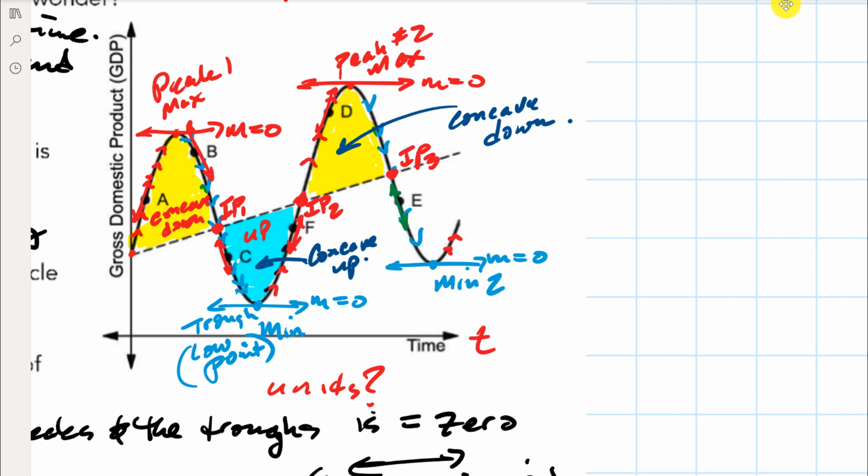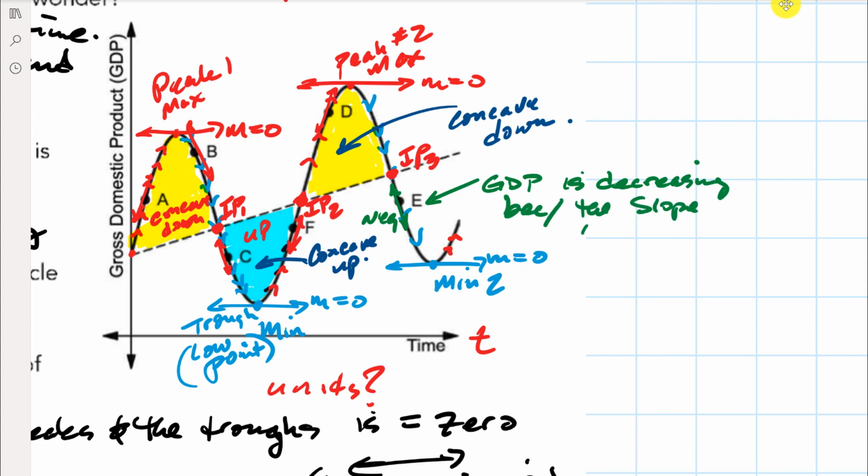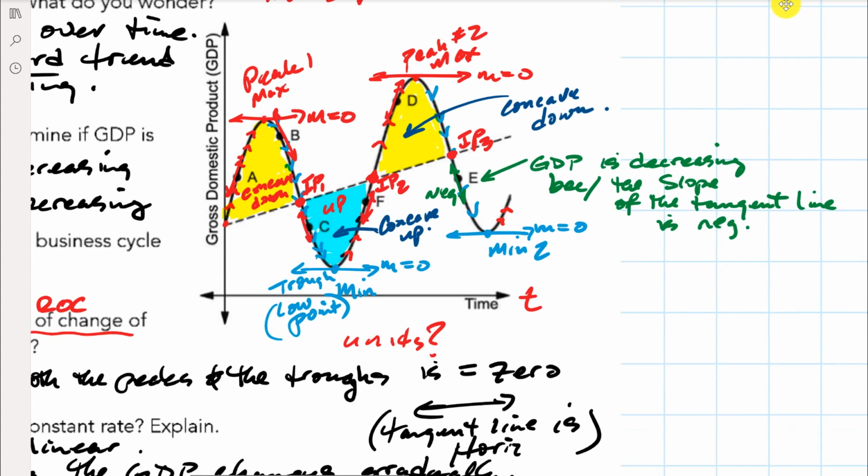The slope's negative there, which means that GDP is decreasing, because the slope of the tangent line is simply negative. It goes down to the lower right.